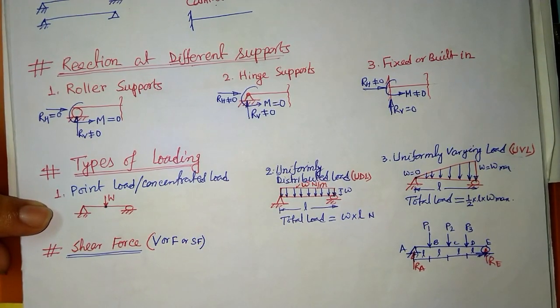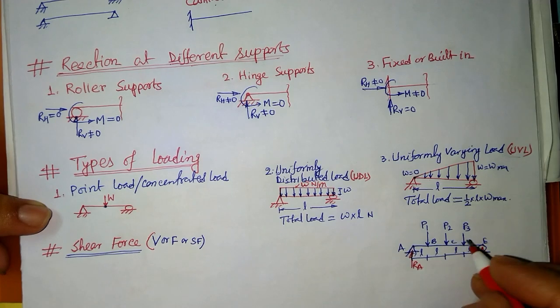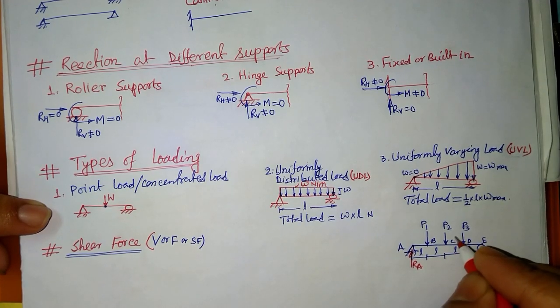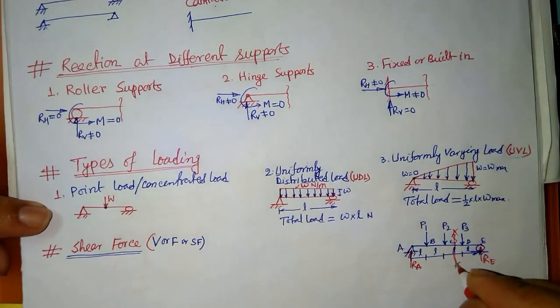So the shear force at any section is defined as follows: out of the total length of the beam or span, we need to take any section. Suppose this is our section XX.